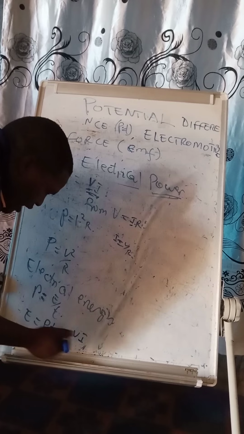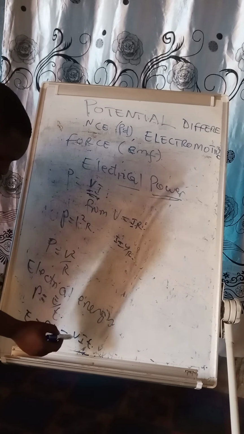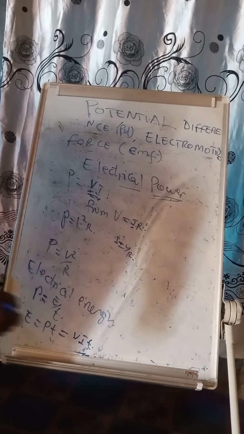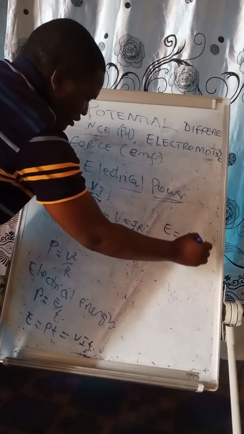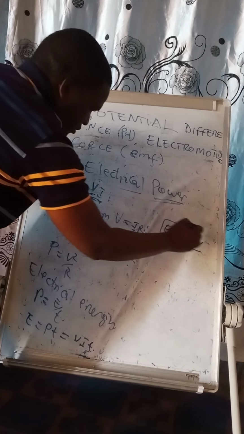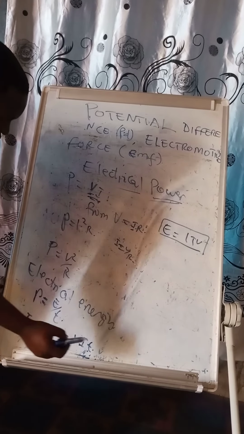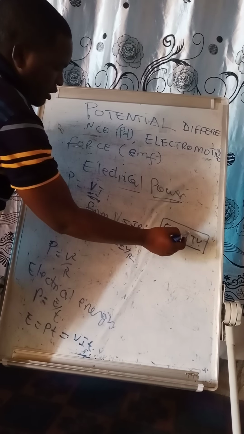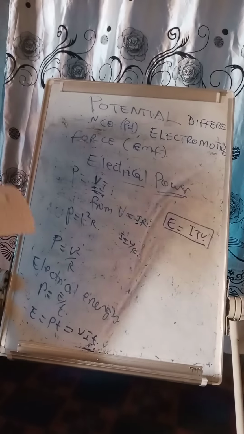Our P is equal to VI, and this is T. So our energy will be equal to VIT. Or in a simple way we can say energy is equal to ITV. This is the simple way to remember. This is time, this is potential difference, this is current. ITV.